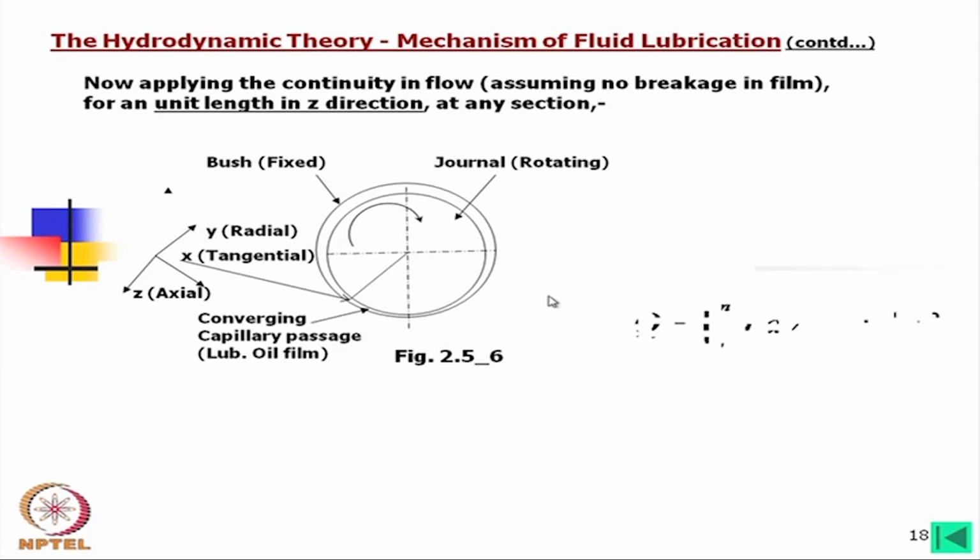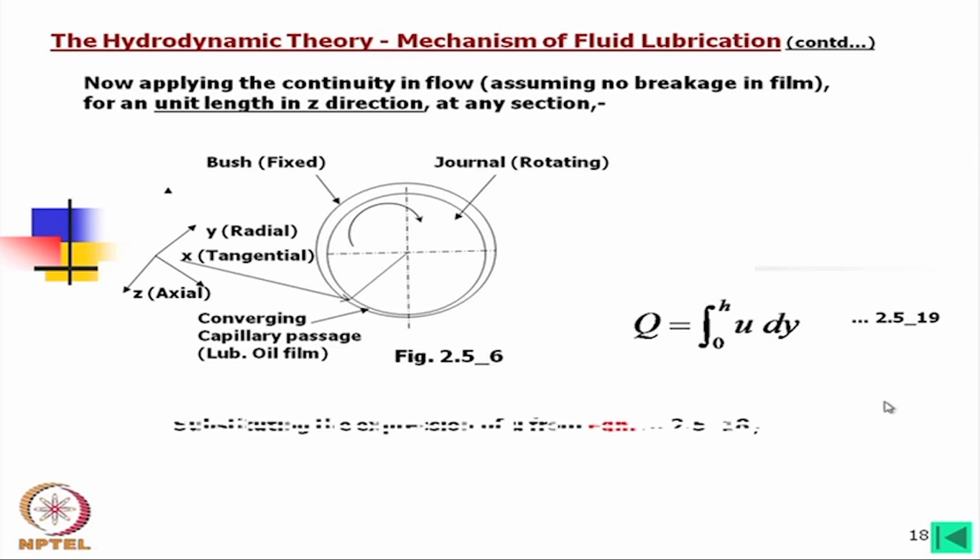But let us see what we find now in this case: q is equal to integral of u dy. Now, why have we written this equation in this form, not in the cylindrical form? Because although this capillary passage is circular, we have considered it as if it is a flat one, the developed capillary passage, and the same equation holds good.